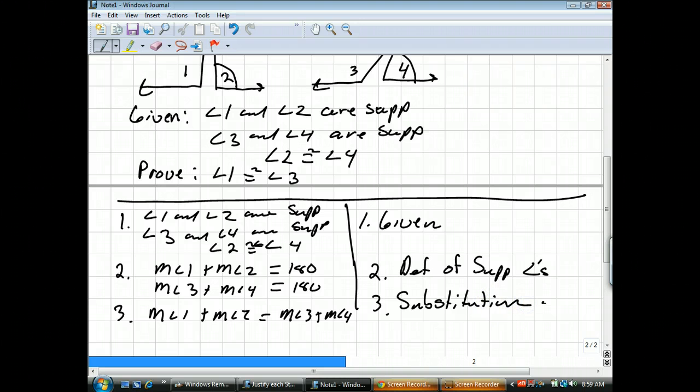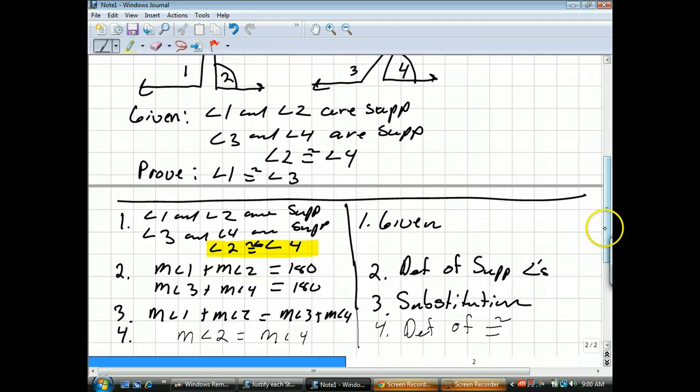And then in line 4, in the given, we are told that angle 2 is congruent to angle 4. And so since they're congruent, that means that they have equal measure. So we can say measure of angle 2 equals measure of angle 4. And that's by definition of congruence.